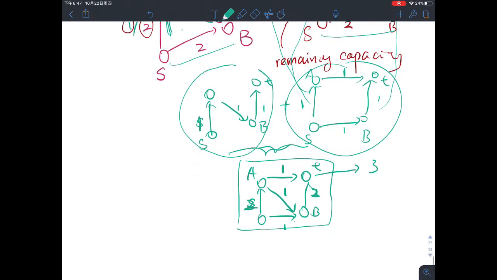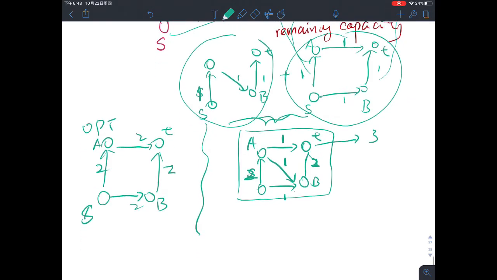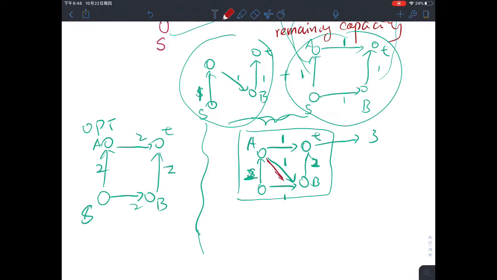Whereas you can see the optimum one, let's compare against it. The optimum one is actually pushing 2 units of flow along S to A to T, and another 2 units of flow from S to B and B to T. So these are the optimal ones. Let's compare what the difference is. The key difference is that we utilized the edge from A to B at the very beginning.